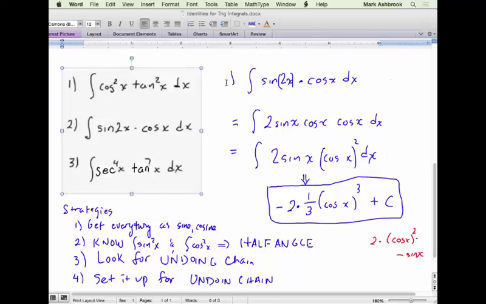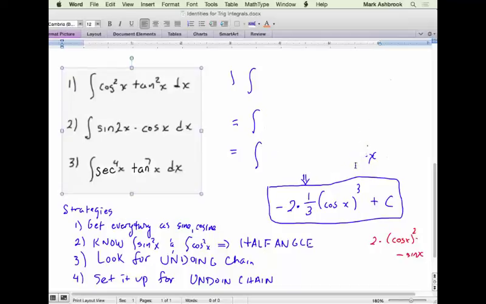If I could just isolate something that's the derivative of what's happening in the other part of the integral, then I can force undoing the chain rule to occur. So the derivative of tangent is secant squared. If I can pull out a secant squared and get the whole rest of the integral in terms of tangent, then I'm forcing it to be undoing the chain rule.